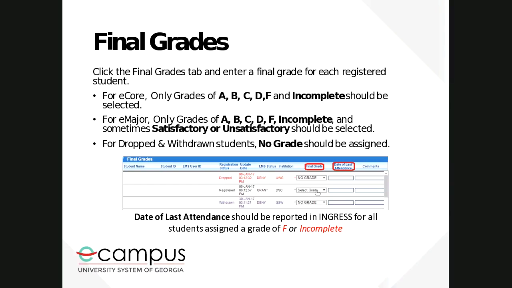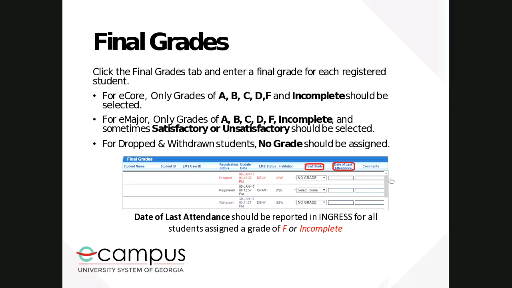For the regular registered student, we're going to put A, B, C, D, F, or I. And here are your directions for E-Major. There may be another category, satisfactory or unsatisfactory. All right, so we looked at our black, this particular middle student here. We got the grade in there, no problem.